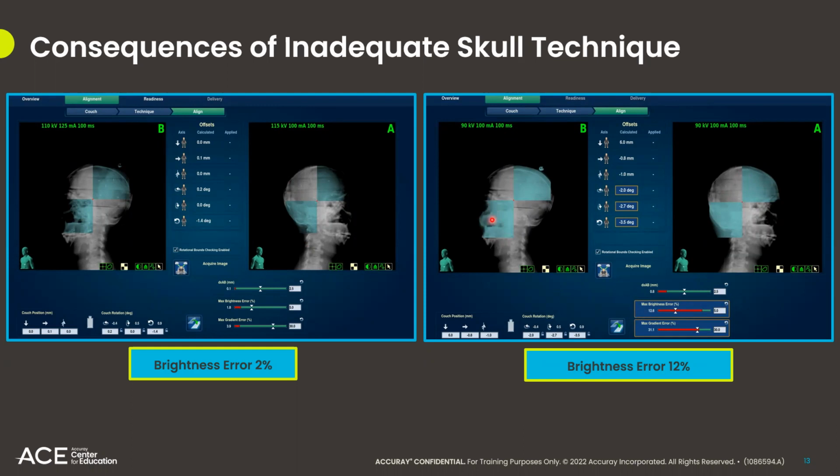But because it is not within that 2%, the system is having a hard time seeing the facial bones, and therefore it's not locking on correctly. Our offsets are very large. We can see here our skull bone is not locked on. So we have this brightness metric to enforce that the user sets technique within this desired range. So we could never inadvertently treat a patient like this.